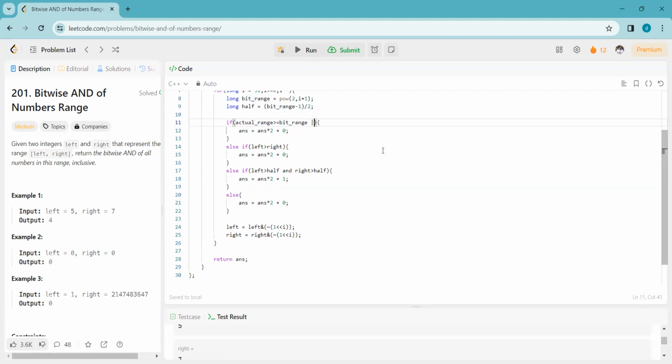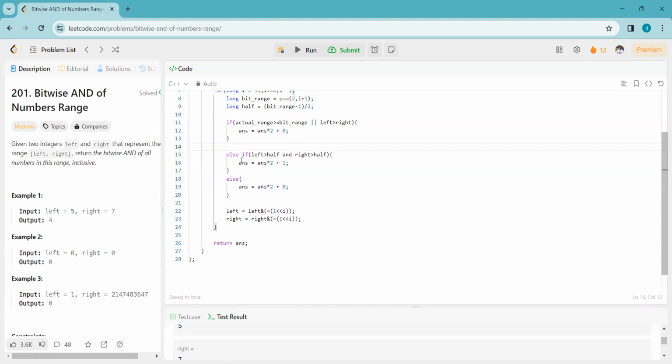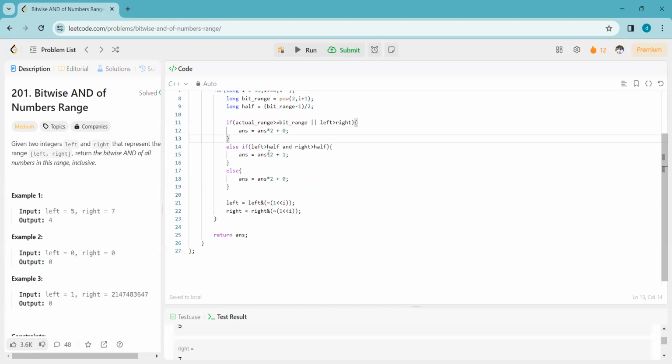Or we can say like this: or left is greater than right. And we can remove this. And else if left is greater than half and right is greater than half. Correct.